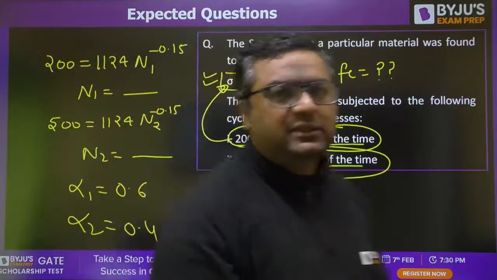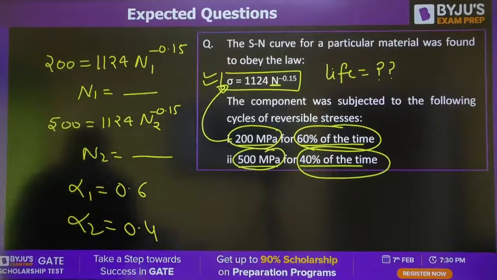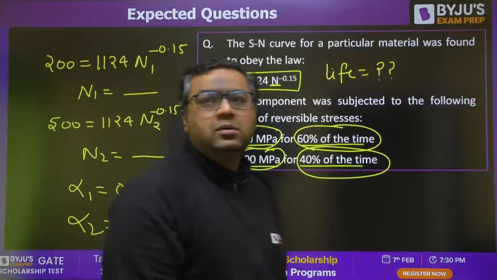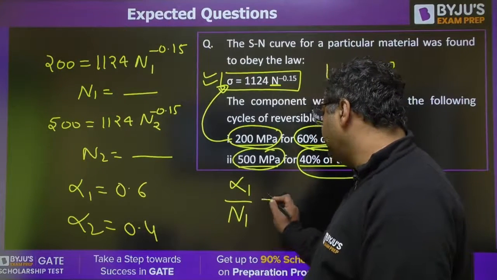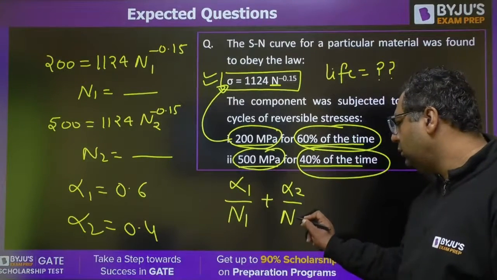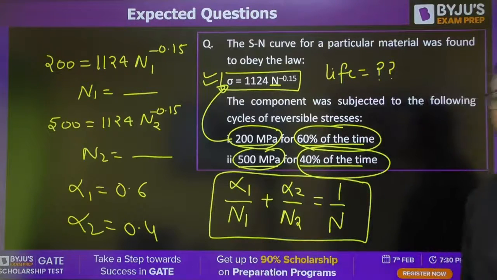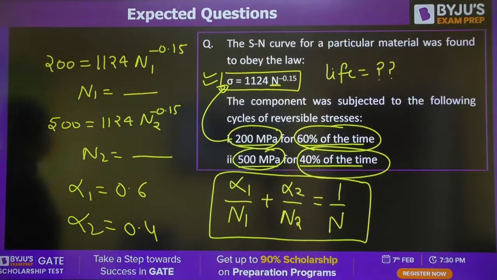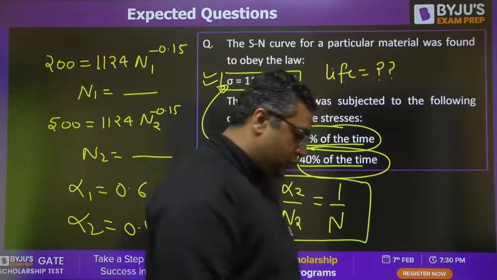I have taken 1 to 2 questions similar to the workbook you have. Solve it. Oh, I remembered, now I have to write the formula: alpha 1 by n1. Solve it and get the answer.